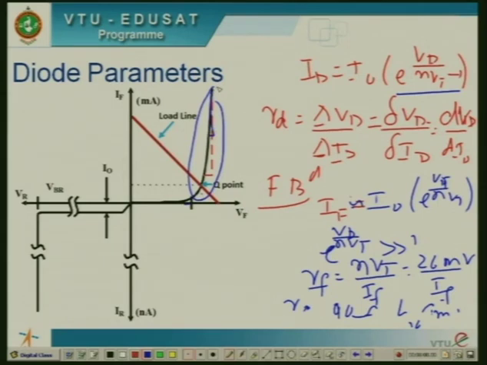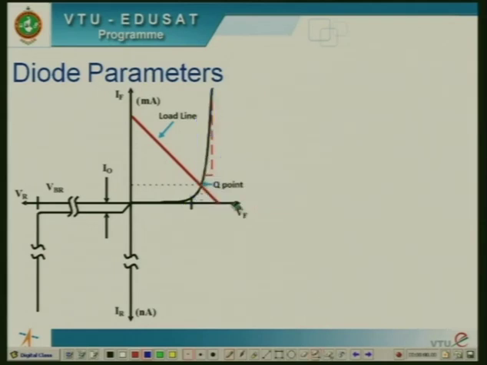Similarly, if you want to determine the reverse resistance, we already know that ID is equal to I naught into e to the power of Vd by eta Vt minus 1.